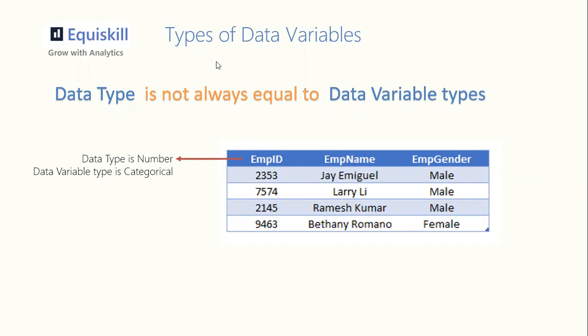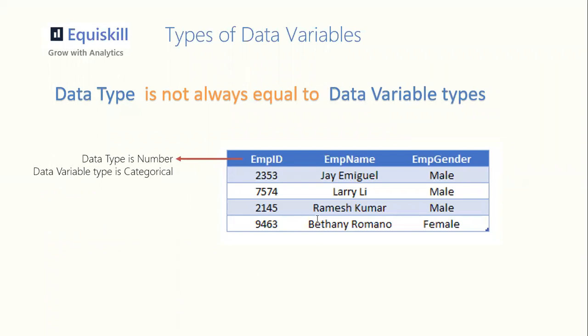But actually, if you look at it, 001 is basically a short form for first, or 002 is a short form for second. And if you look at first, second, or third, then clearly you understand that it is not a numeric variable, it is actually a categorical variable.